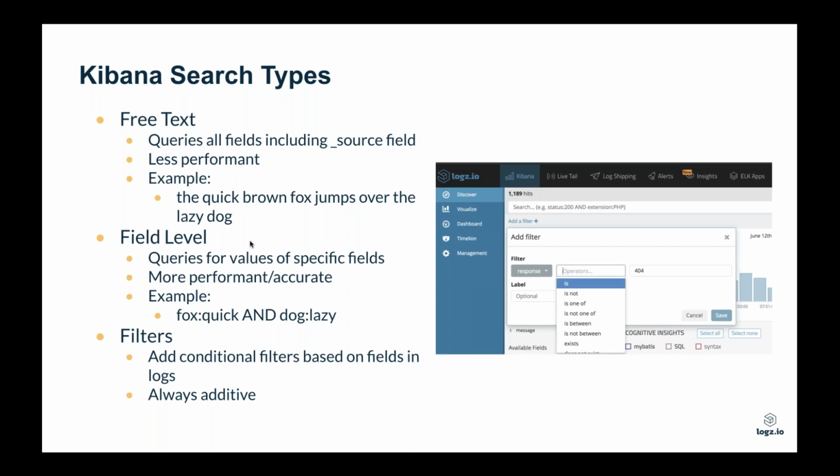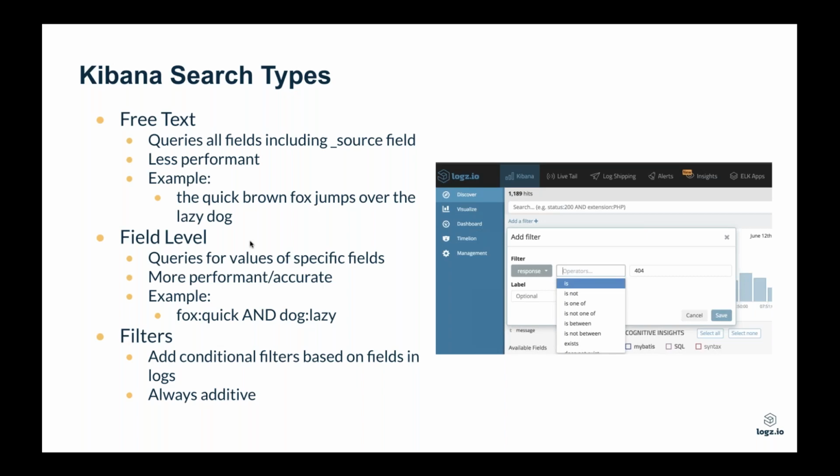So you can see the example here in that query. This assumes that you have a log event or document with fields fox and dog, and this query will return all relevant documents that contain the value of quick for the fox field and a value of lazy for the dog field.